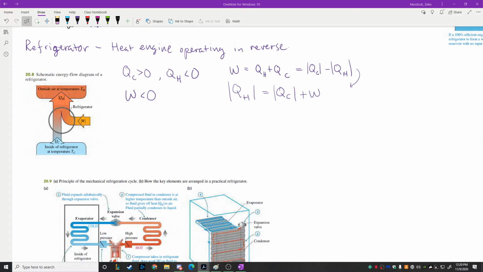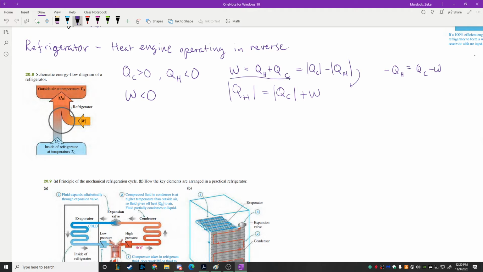I'm also just going to go real quick and pull up the book just to make sure. I left out a line here. So what they write is, they basically wrote this equation, and they rewrote it to say negative QH equals QC minus W. That follows from this equation.